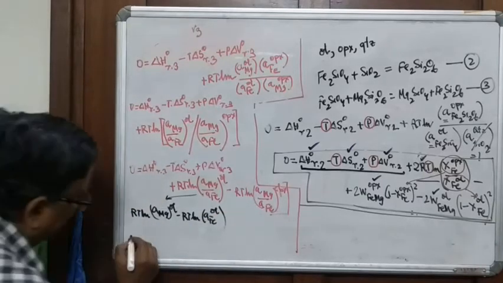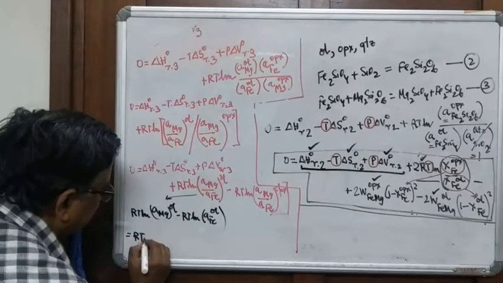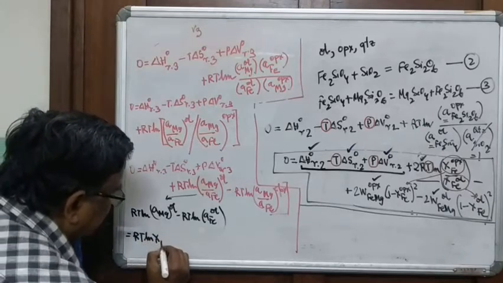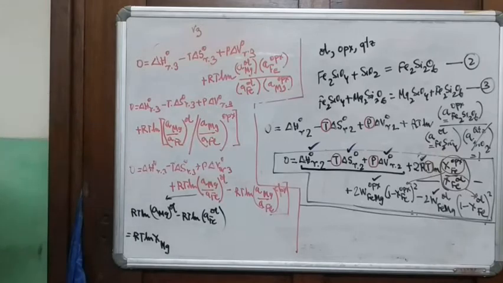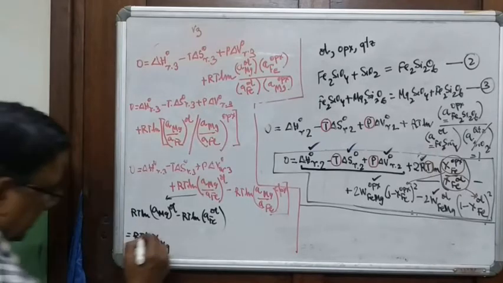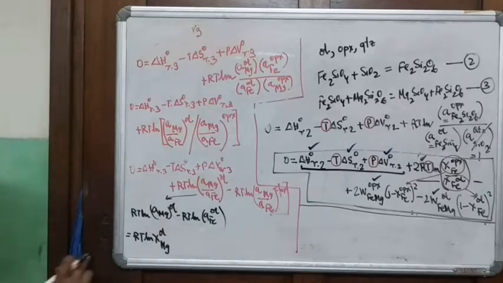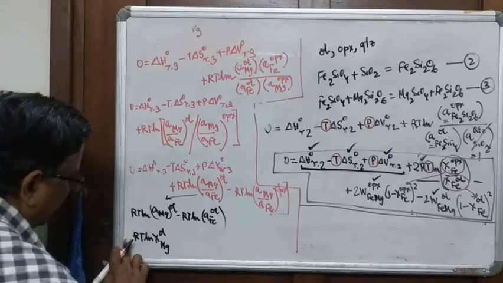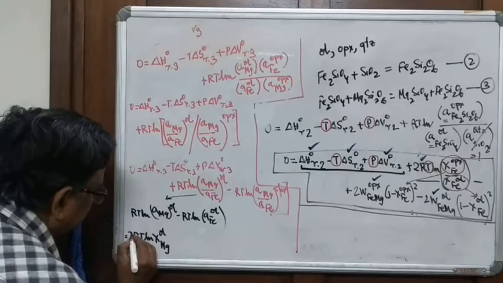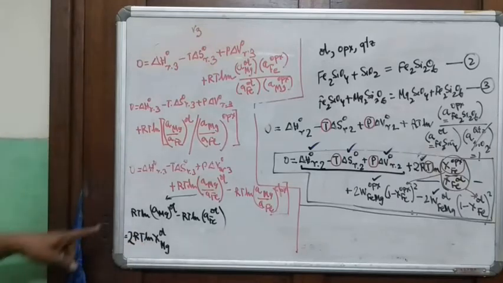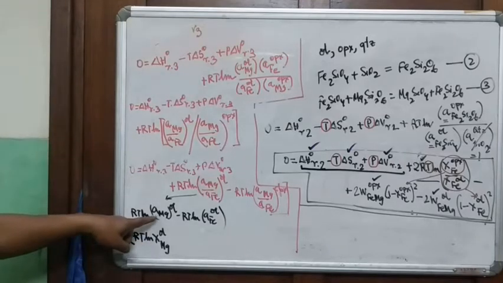So this will be equal to RT ln X. Why is it Mg?